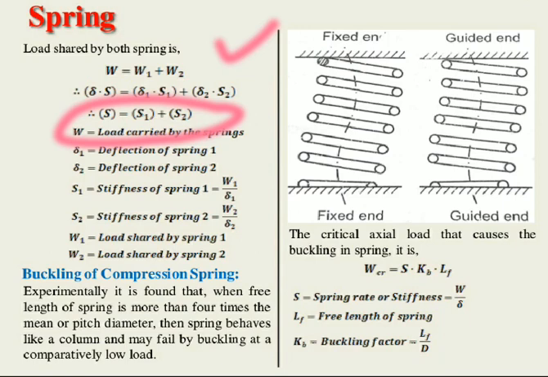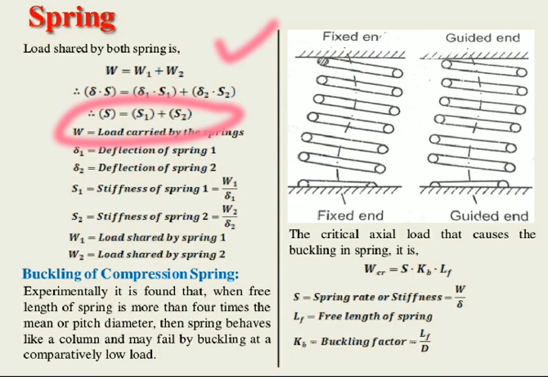Now considering one most important term, that is buckling. We have already gone through this term, the buckling of compression springs. Experimentally it is found that when the free length of a spring is more than 4 times the mean or pitch diameter, then the spring behaves like a column and may fail by buckling at a comparatively low load.